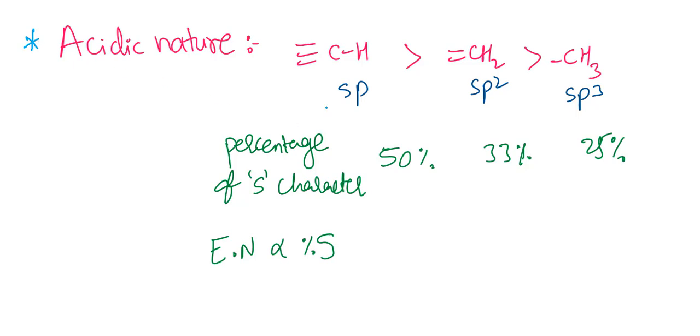The acidic nature decreases from alkyne to alkane. The carbon hybridization is sp, sp2, sp3. The percentage of s character is 50%, 33%, 25%. Electronegativity is directly proportional to percentage of s character. So more s character is there, that's why more electronegativity. So the more electronegative atom attached hydrogen is active hydrogen or acidic hydrogen. So this acidic nature is more.